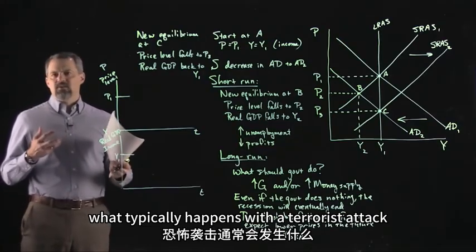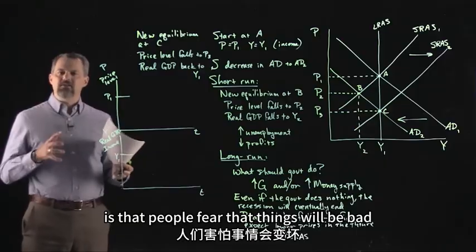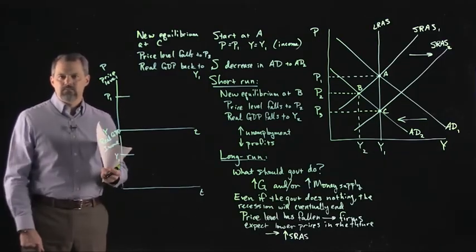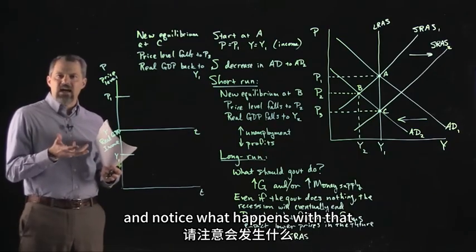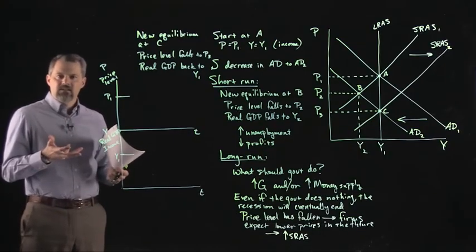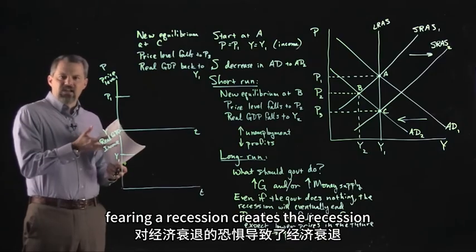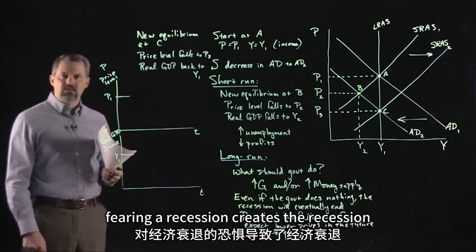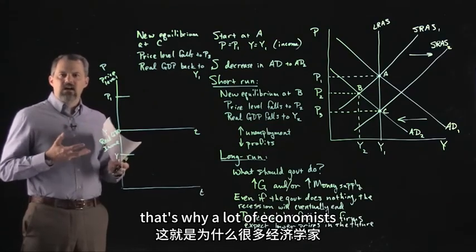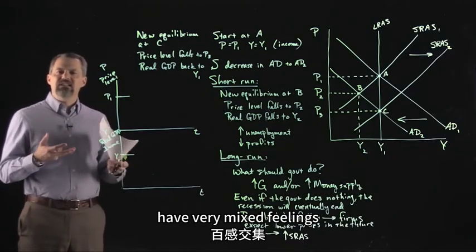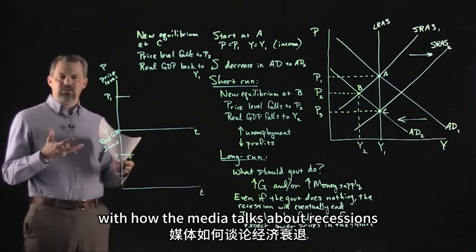What typically happens with a terrorist attack is that people fear that things will be bad in the future. And notice what happens with that. The fear is self-fulfilling. Fearing a recession creates the recession. That's why a lot of economists have very mixed feelings with how the media talks about recessions.